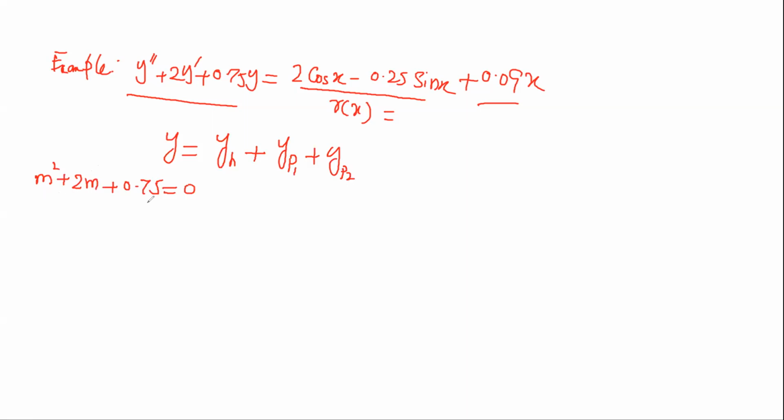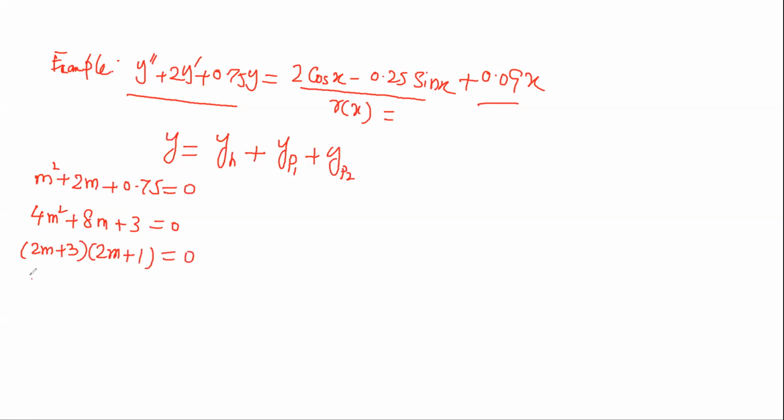To simplify it, since it's 0.75, I can multiply both sides of the equation by 4, giving 4m square plus 8m plus 3, and you can verify that this will factorize into 2m plus 3 and 2m plus 1.